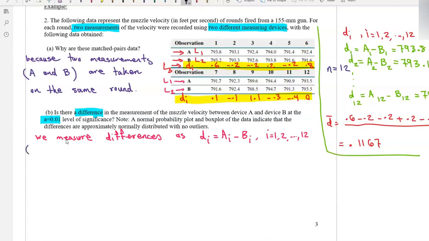So using the TI-83/84, for d bar we got 0.1167, and the standard deviation is 0.4745.